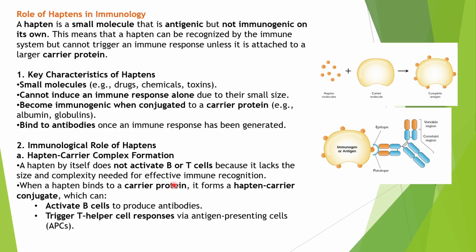Only when the antigen is recognized properly by either the antibodies, the T cells, or antigen presenting cells can it invoke an immune response. So when a hapten binds to a carrier protein, it forms a hapten carrier conjugate, which then activates the B cells to produce antibodies and also triggers the T cell responses via antigen presenting cells.